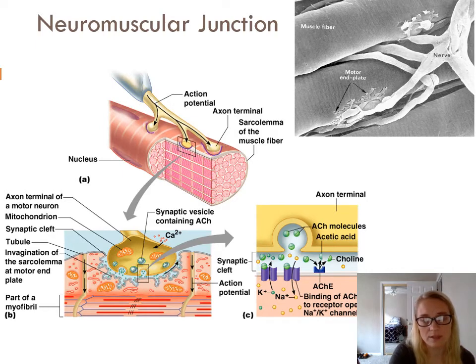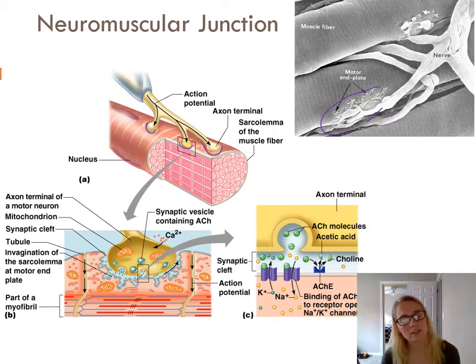We have these little indentations, and we can see them in the electron microscope picture, that gray and white picture. Now we're going to look down here and identify some of the structures we're seeing. The yellow is the membrane of the neuron.